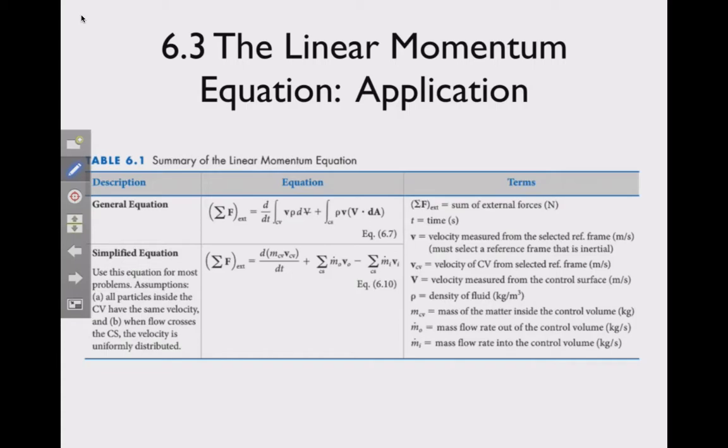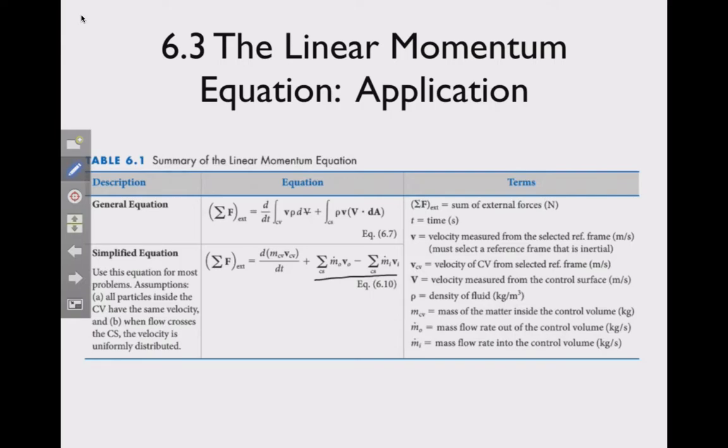I'll just draw your attention to where we'll start with 6.3, which is a summary of the linear momentum equation. And it's very similar to the continuity equation. We have the general form and the simplified form, and over here a list of all the different variables. But we should now have a good feeling for what we mean by the momentum flow.